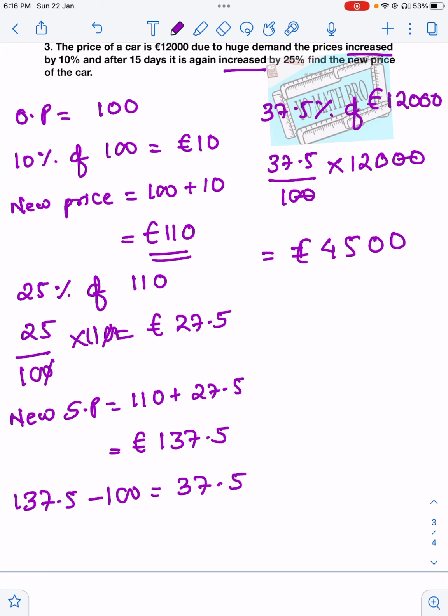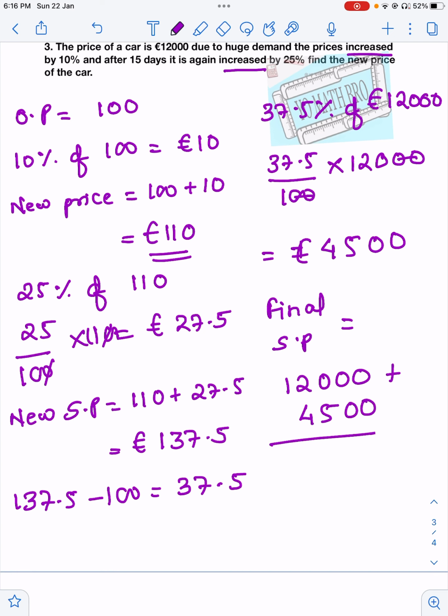So my final selling price which I get is equal to initial price 12,000 plus 4,500, which gives me 16,500. This is how we find out when they have just asked the new price of the car. I hope this part is clear.